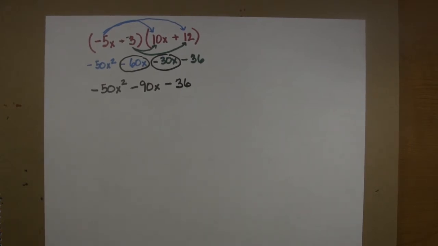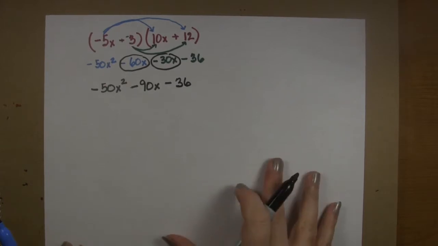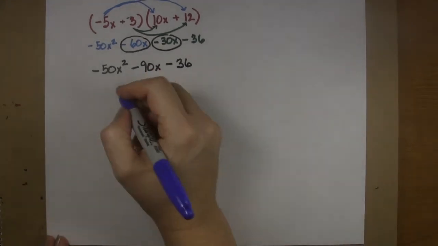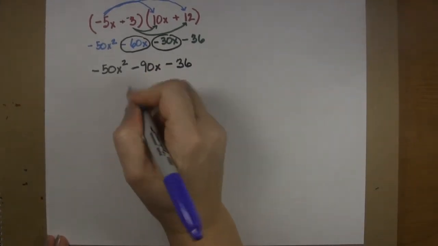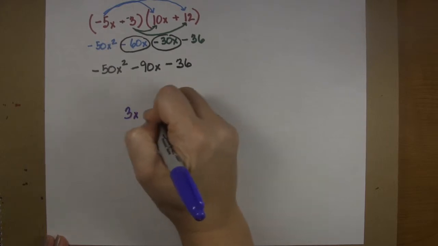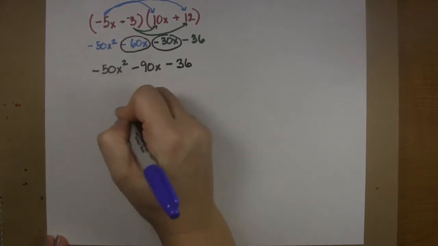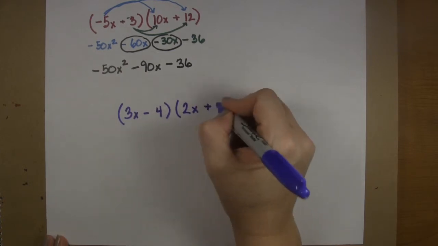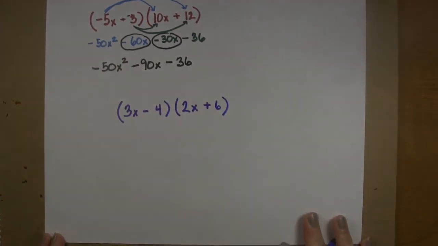Okay, so you might be wondering, why are we calling this the FOIL method? Well, let me write out another set of binomials. Let's do 3x minus 4 times 2x plus 6. Okay?